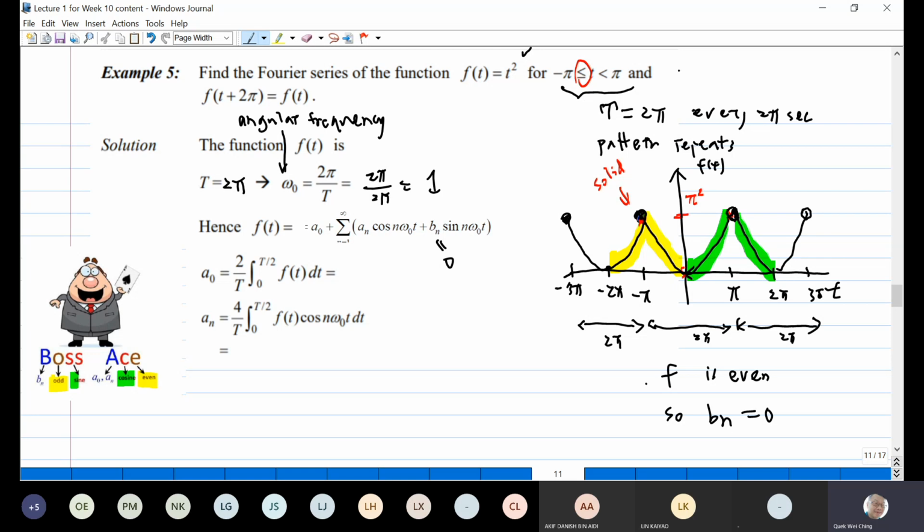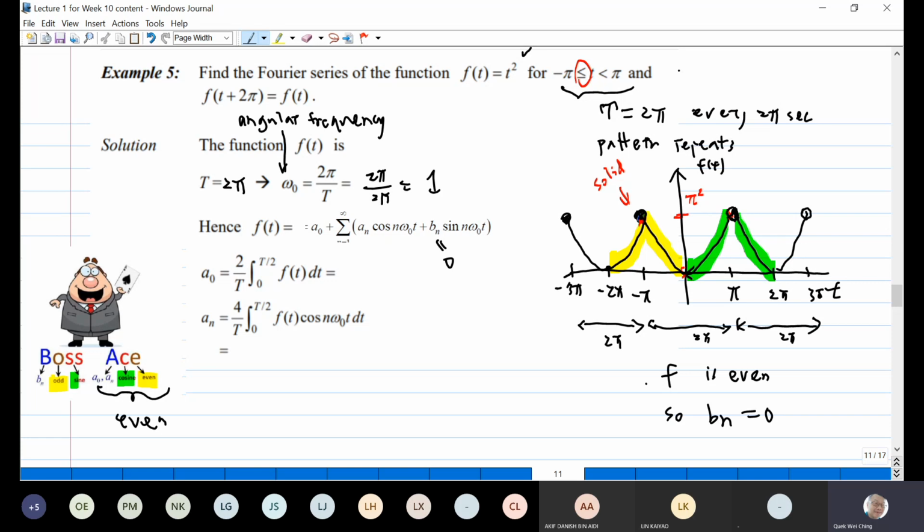Okay, let's try to find A0 first. Because of space here, I'm going to show you how to find it. You can see that this is an even function, right? For an even function, you only find An. All the Bn are 0. An even function always has a cosine term.